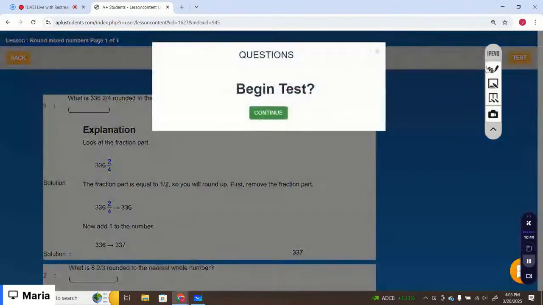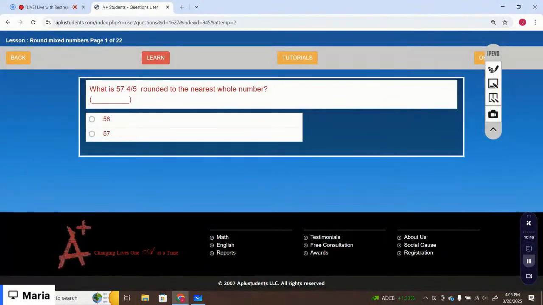Let's just start with the test questions. What is 57 whole 4 over 5 rounded to the nearest whole number?